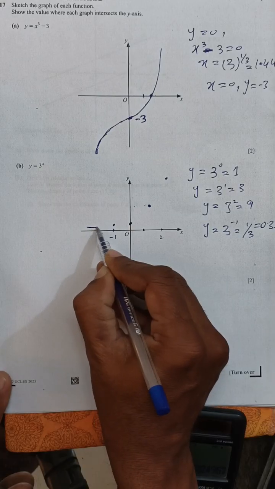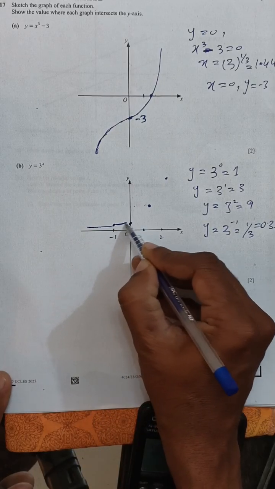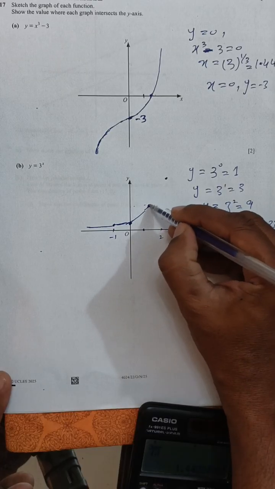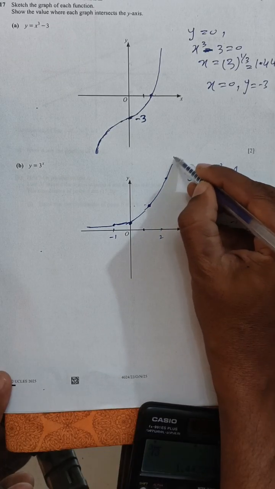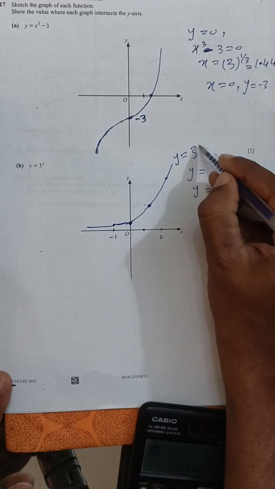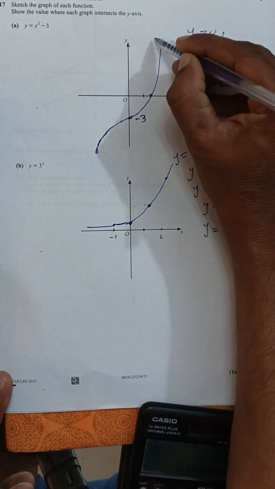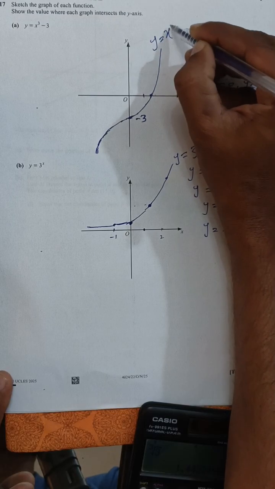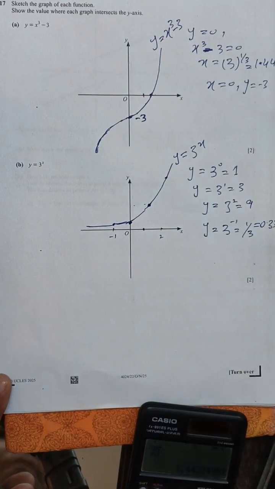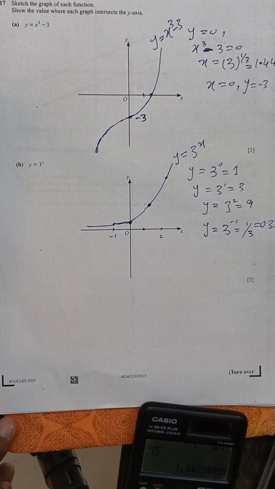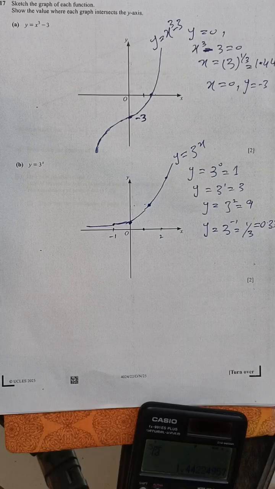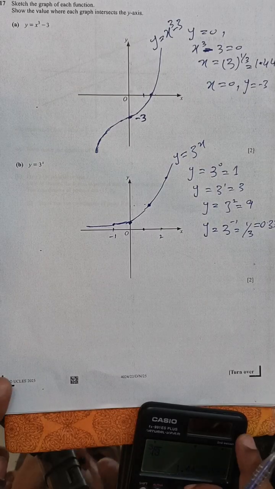So you will get a graph like this. y equal to 3 की power x, and the other one is y equal to x की power 3 minus 3. You got my point? Okay. Now question number 18.